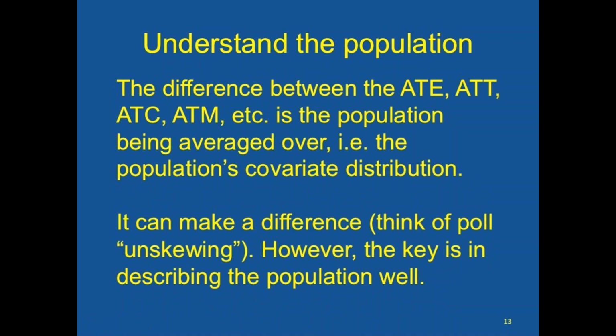Now, the key part of going through that is really just understanding the population. To a certain extent, these careful definitions can, from one perspective, be thought of as much ado about nothing. What really matters is understanding the population that you're predicting.